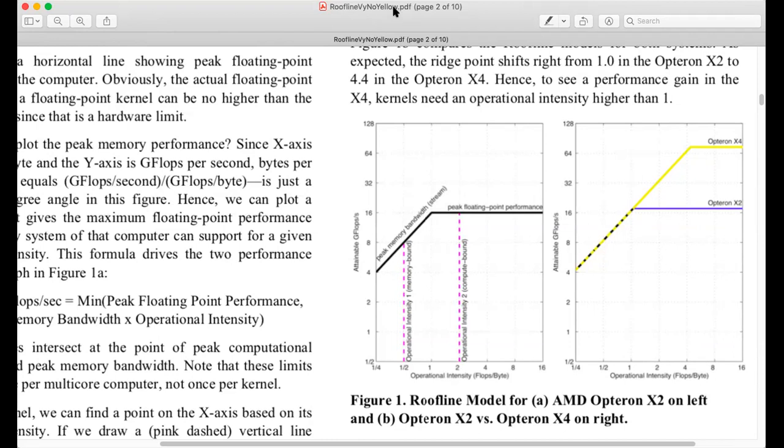Let me use the whiteboard for a moment. First, we are talking about CPUs, and this is flops, floating point operations per second. Usually when we think of flops, we use gigaflops, giga floating point operations per second.